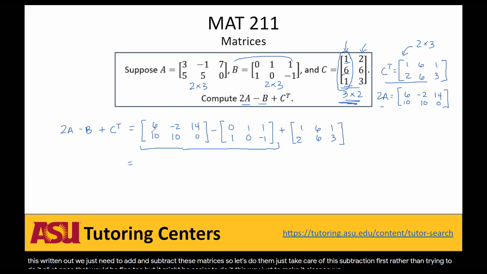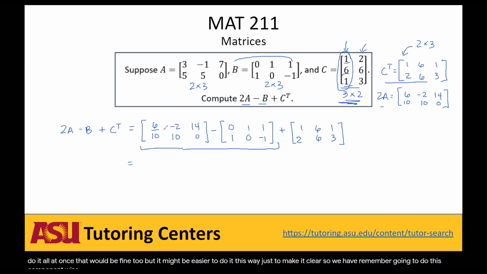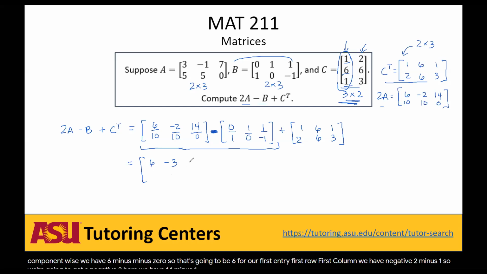Remember, we're going to do this component-wise. We have 6 minus 0. So that's going to be 6 for our first entry, first row, first column. We have negative 2 minus 1, so we're going to get a negative 3 here. We have 14 minus 1, so that's going to be 13.